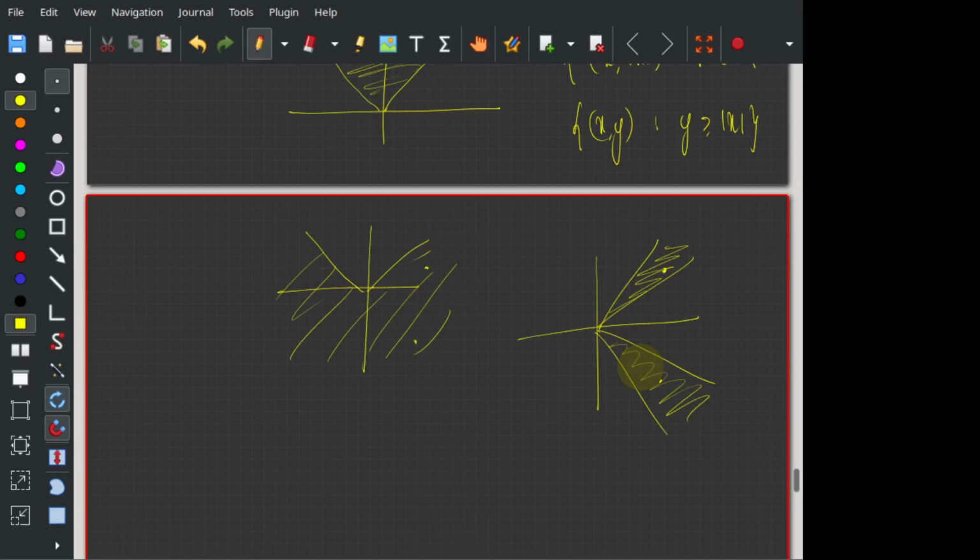Any point inside the circle would need to satisfy the condition for all alpha greater than 0, not just between 0 and 1. So a cone is necessarily an unbounded set, unless, of course, it's trivial, the empty set for example, or just 0. So any non-trivial cone is going to be unbounded.